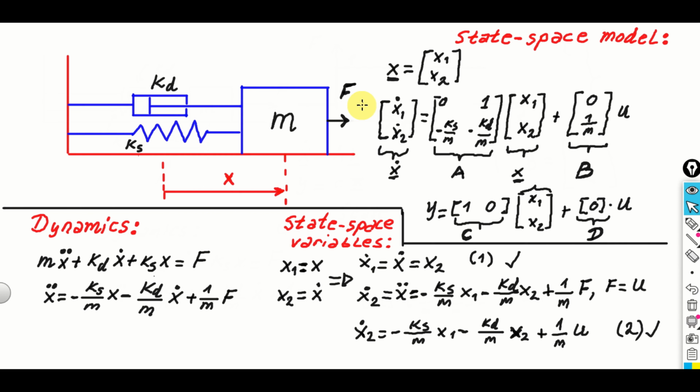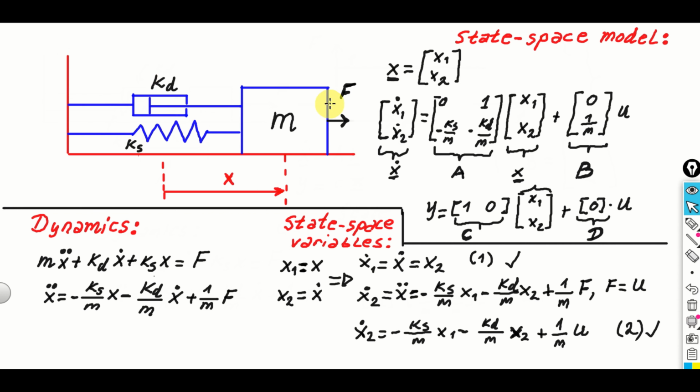Okay, so let's start with the system description. We're going to use as a test case a simple mass spring damper system shown over here. Mass spring damper systems can be seen as prototypes of a number of real-life systems, such as suspension systems in a car, robotic arms, even DC motors, etc. The system consists of the box with a mass of m that's attached by a spring with a spring constant of Ks and a damper with a damping constant of Kd to the wall.